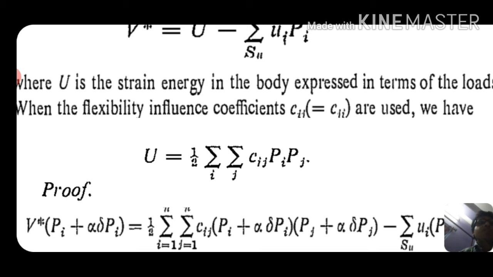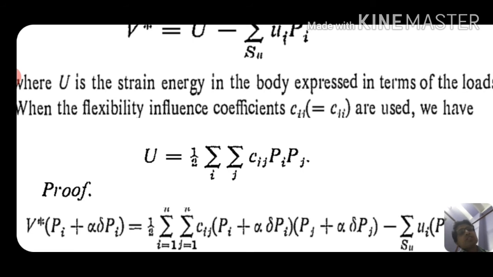We first show how to prove this. We first show that if the set of forces Pi satisfies the equations of equilibrium and minimizes V star, the solution will be compatible with the specified displacements over Su. Let Pi be the actual solution.